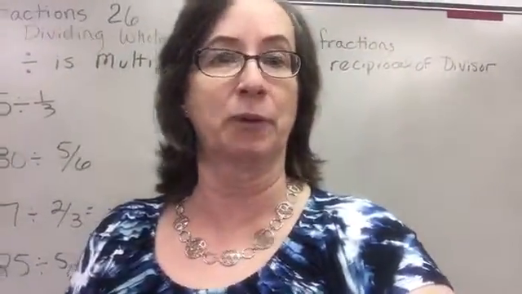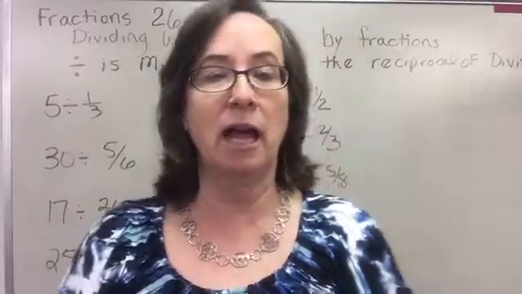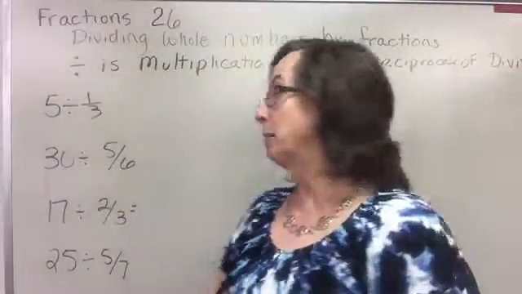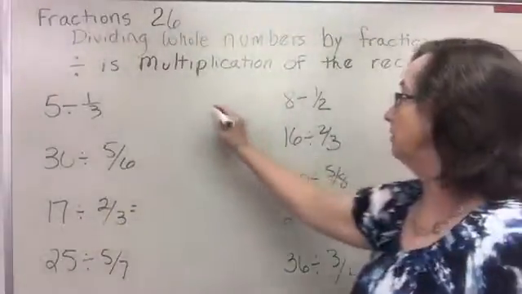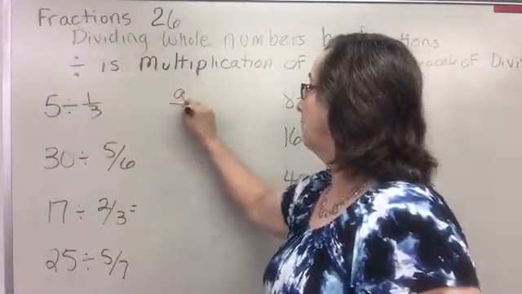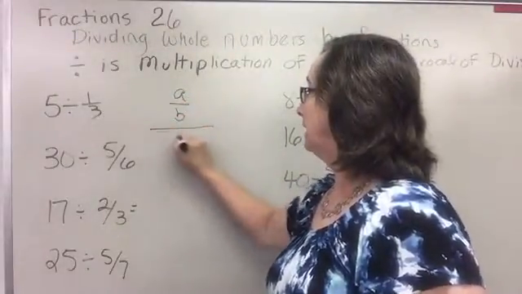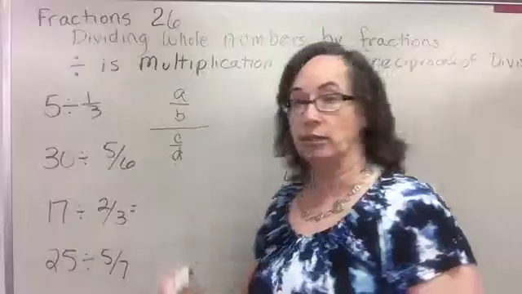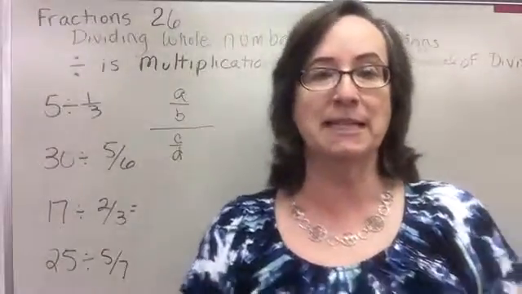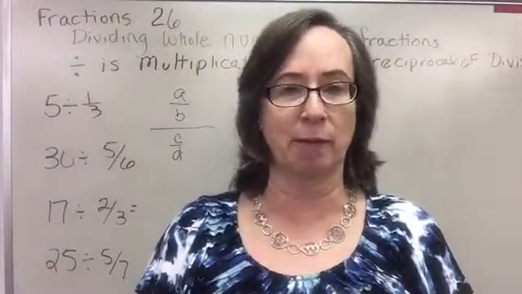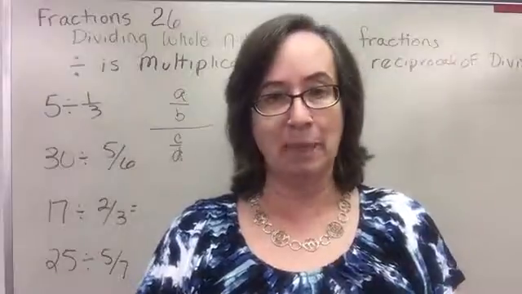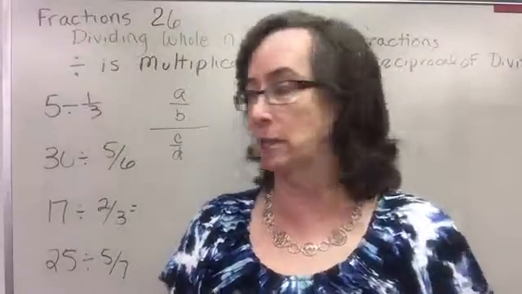I ran out of board there. Okay, the reciprocal of the divisor. And remember yesterday I showed you that if we took A over B and we divided it by C over D, now I use letters because then they are variables and they represent any fraction, not a specific fraction.